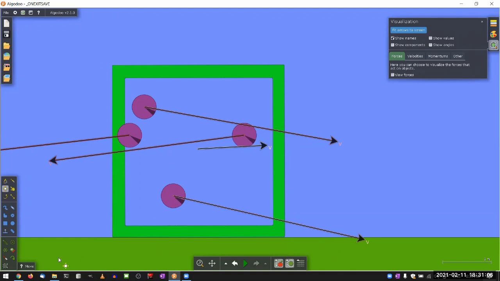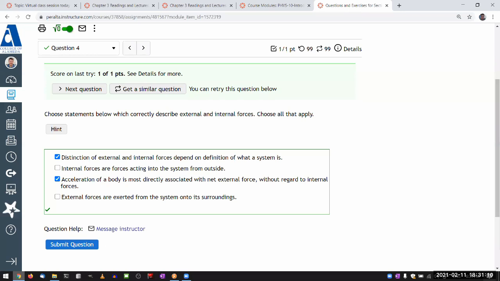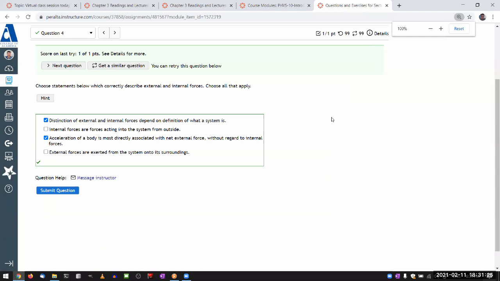Now, understanding this distinction and how it connects to Newton's third law is important because, as I say enough times in multiple different places, Newton's third law is the most often misunderstood of Newton's laws.